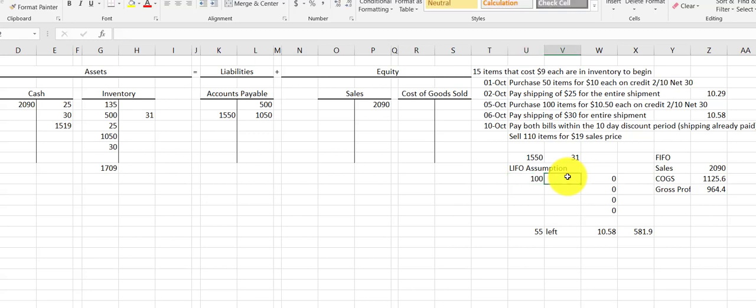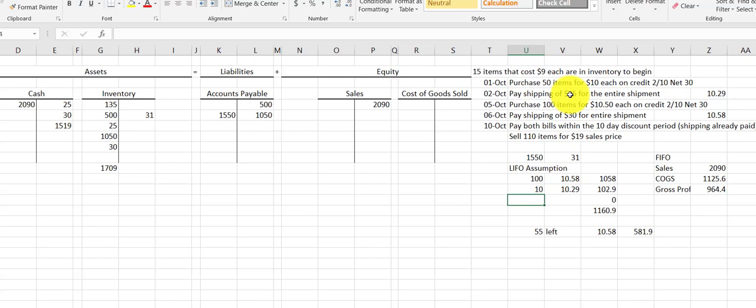And that is going to be $10.58. And then we're going to sell, we still have 10 more that we sold, and that would be $10.29. So we start with the newest and we go backwards.